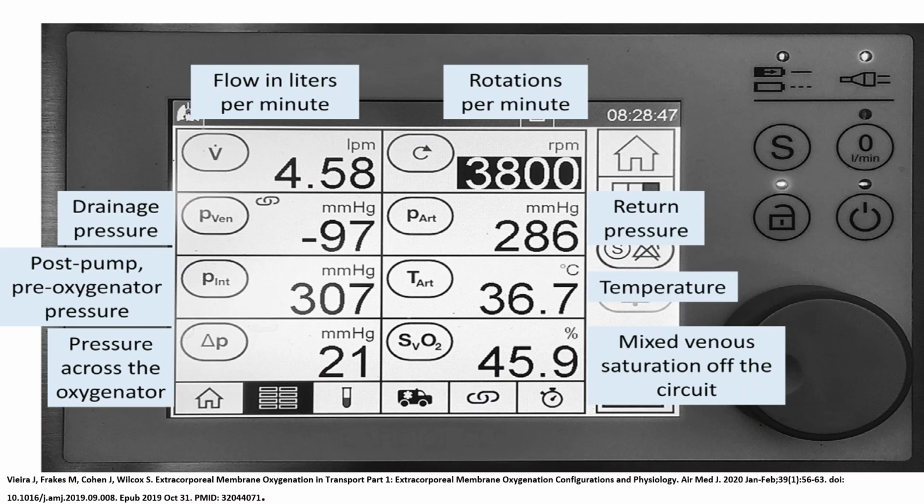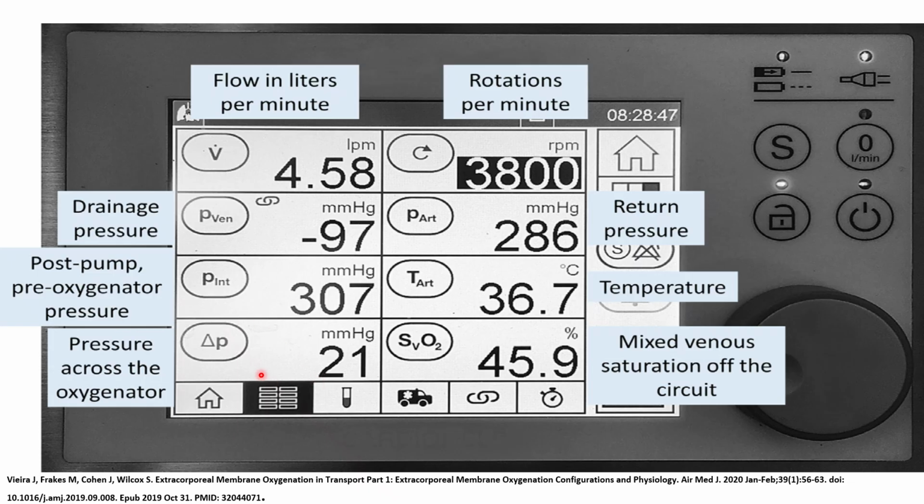To summarize, this is the data that appears on the console monitor. This is the RPM, or the speed, which adjusts the flow in liters per minute. Here is the pressure range: P1, which is negative, usually ranging from minus 50 to minus 100. This is the post-pump pre-oxygenator pressure, which is the highest pressure in the circuit.